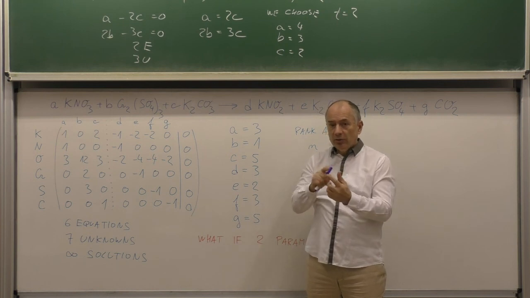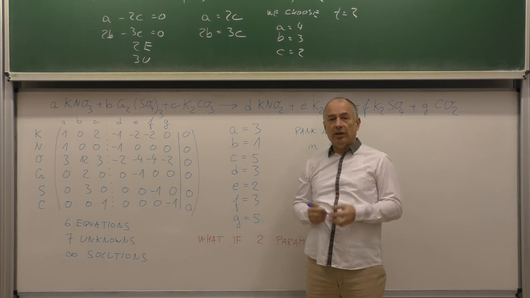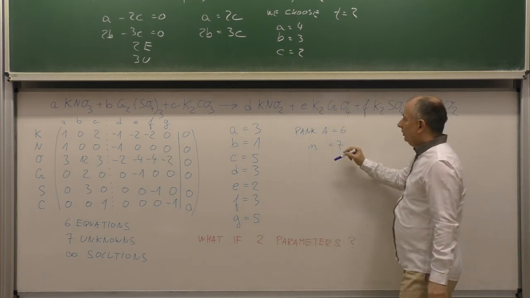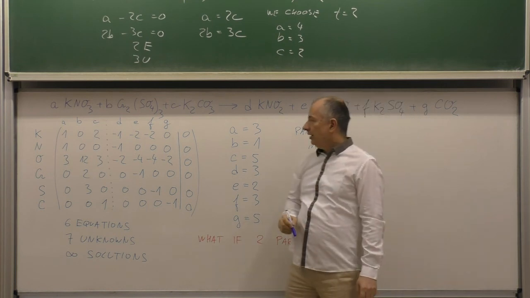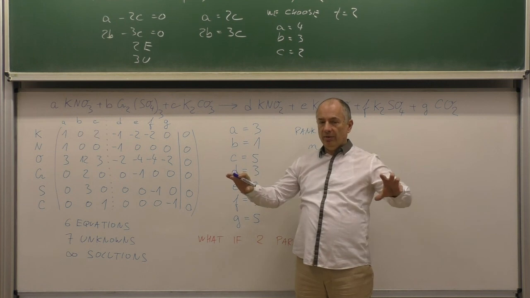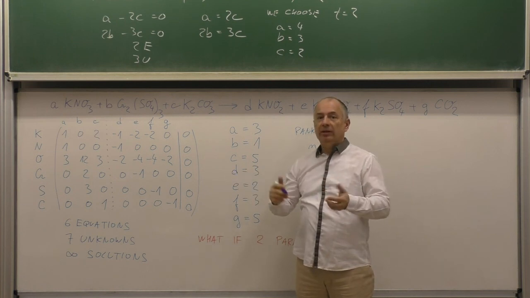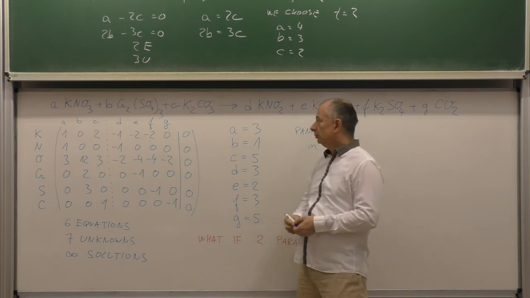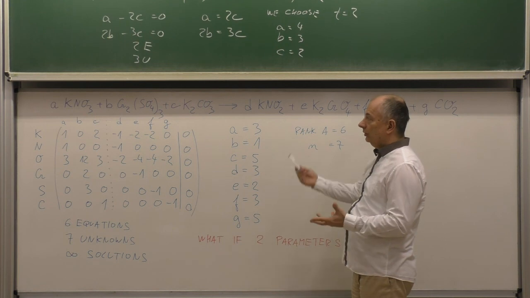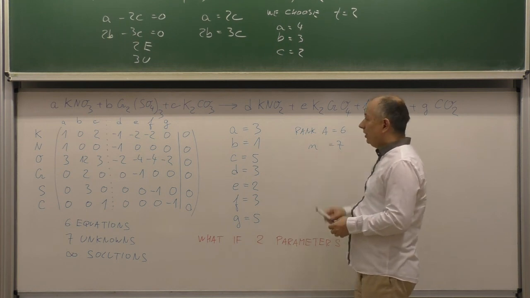So we have 2 possible parameters, 2 unknowns that we can choose. So you see, comparing the rank of the matrix and the number of unknowns, we can detect that the chemical scheme consists of 2 or more independent systems. So this is one nice application of homogeneous linear algebraic equations and the rank of the matrix.